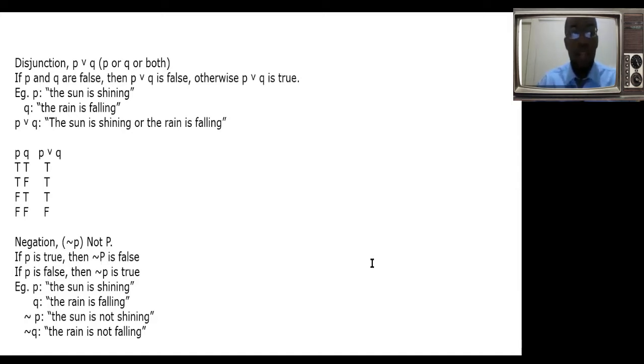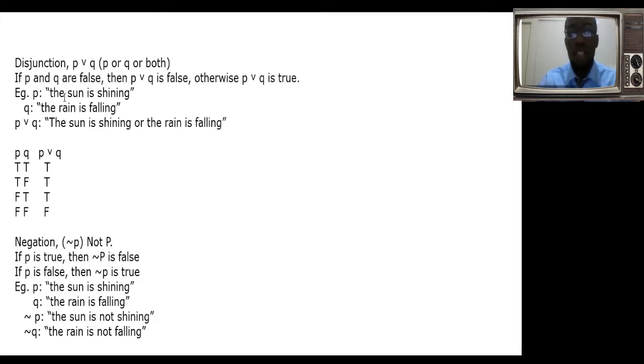So the sun is shining or the rain is falling. If the sun is shining, which is true for P, and the rain is falling, which is true for Q, then P or Q must be true. Now, if the sun is shining but the rain is not falling, it is also going to be true.